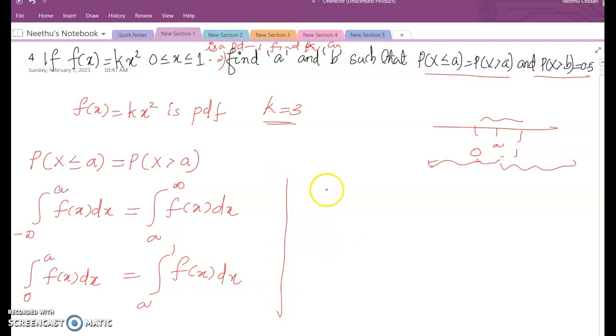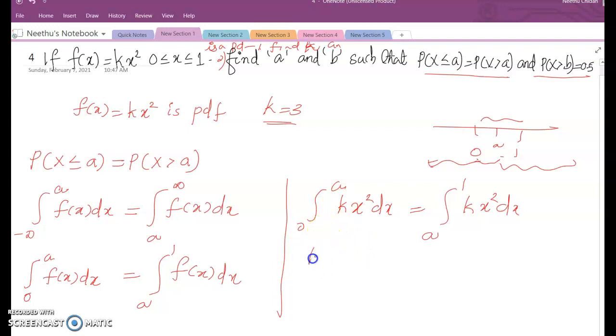Therefore integral 0 to a of the function kx square dx is equal to integral a to 1 kx square dx. If we haven't found the value of k, we can cancel it: k is a constant, so taking k outside on both sides, it cancels.